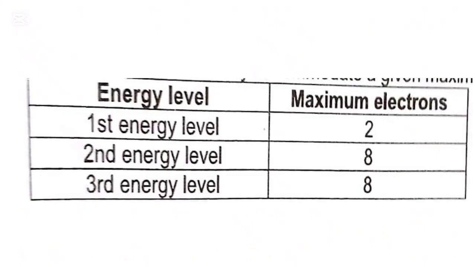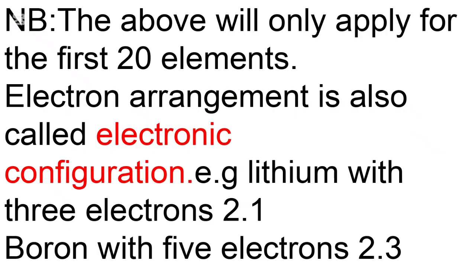Now, according to this diagram, the first energy level can accommodate a maximum of 2 electrons. The second energy level can accommodate a maximum of 8 electrons, while the third energy level can accommodate a maximum of 8 electrons. Note that the above will only apply for the first 20 elements.